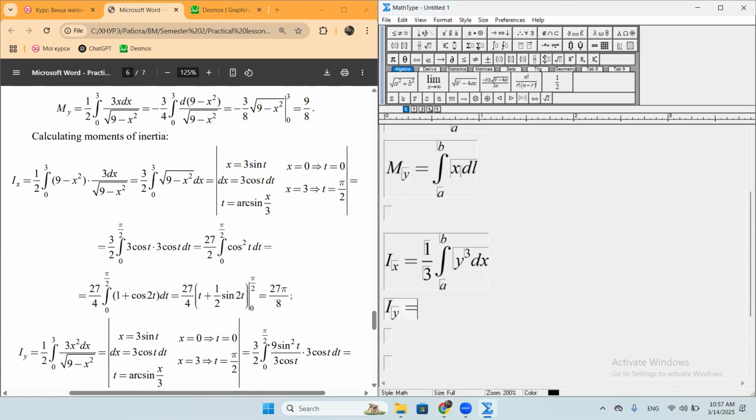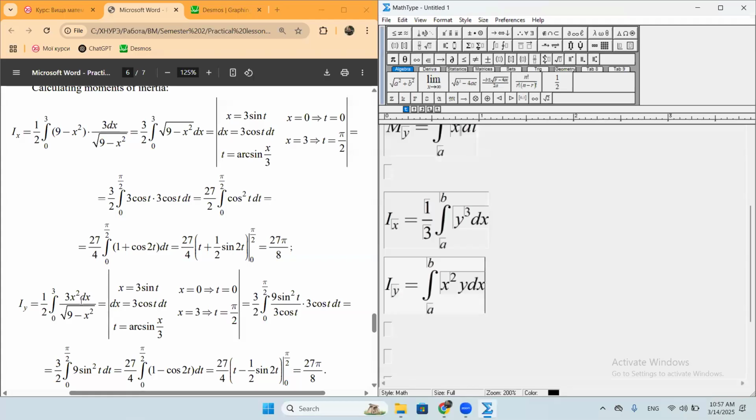So the moment of inertia for the y-axis is the following formula. So from a to b, x square y dx.